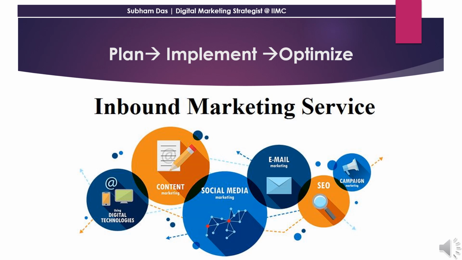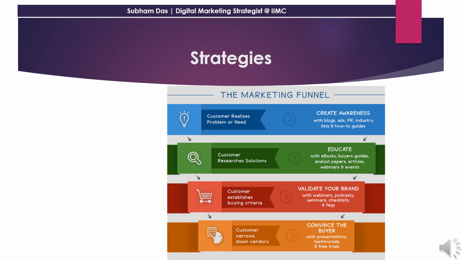You have email marketing, you have SEO, you have advertising campaigns. All these can be implemented and need to be optimized to get the maximum benefit from inbound marketing. These are some of the strategies for inbound marketing.